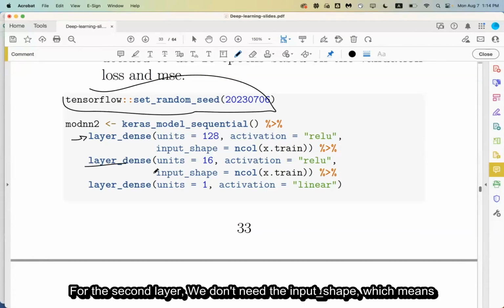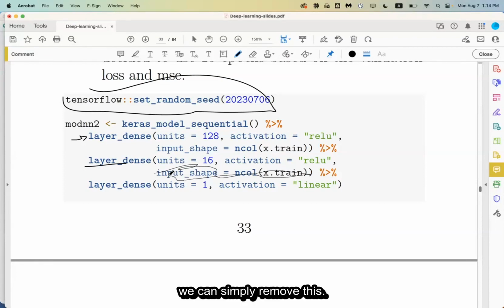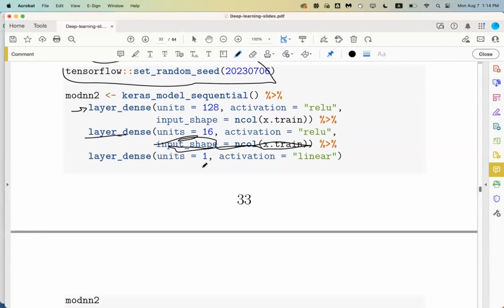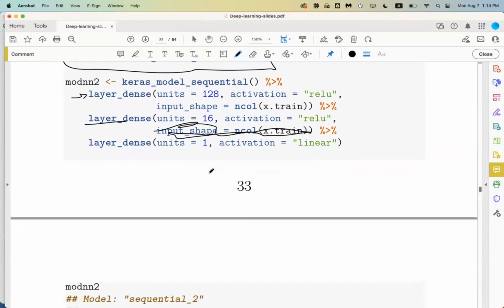For the second layer, we don't need the input shape, so we can simply remove this. And if you add it, the function will simply ignore this. And then the output, we have one node.